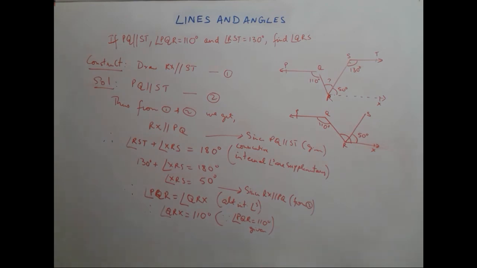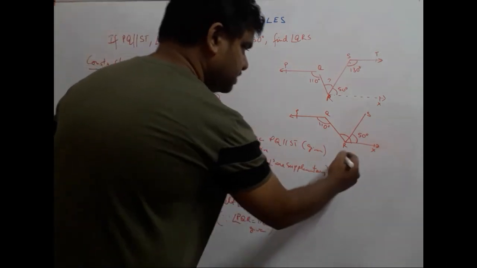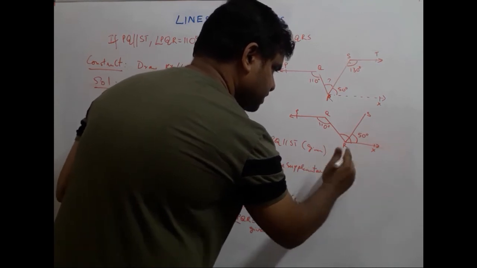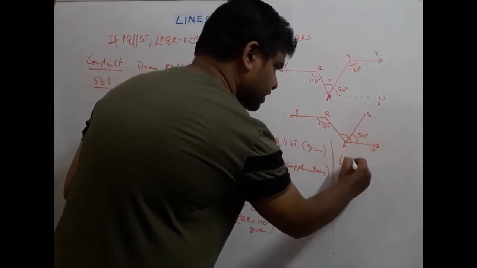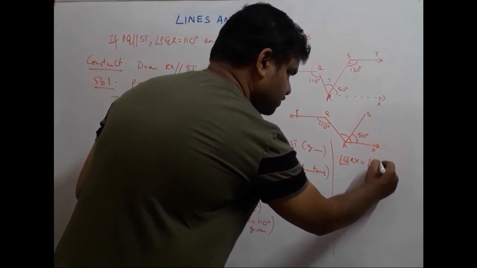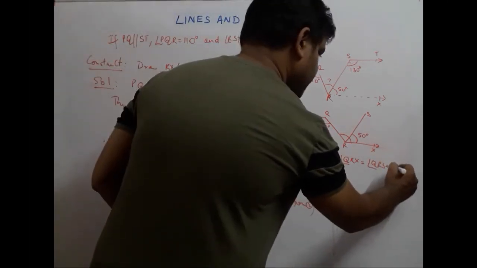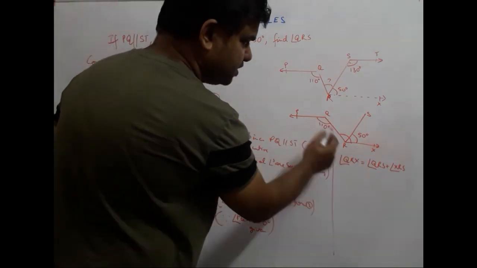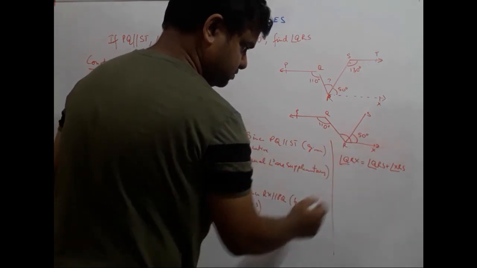So I'll put it down over here so that you can understand. I'll put a line over here. Angle QRX can be written as the sum of QRS plus XRS, this one plus this one.